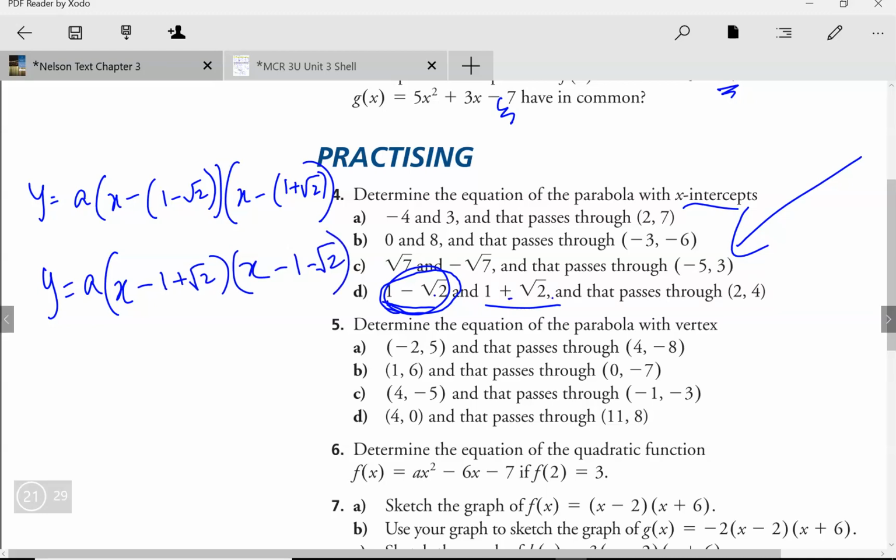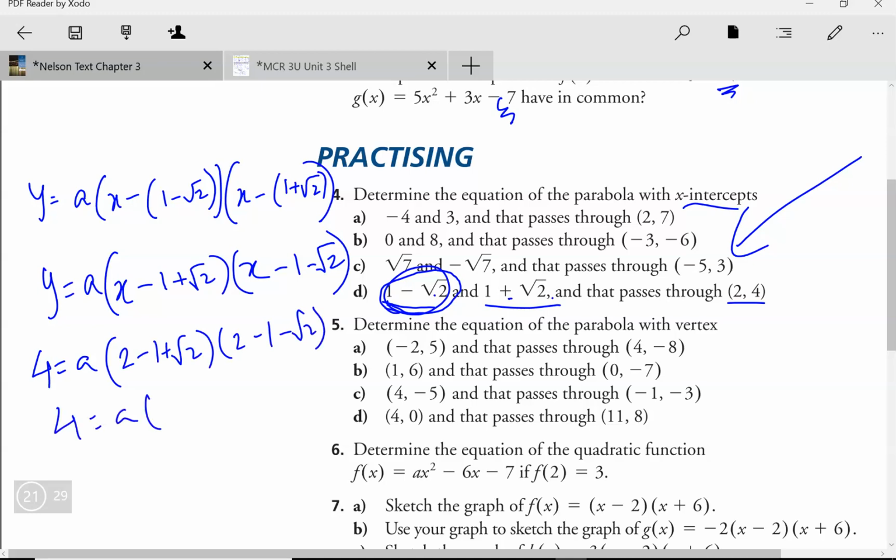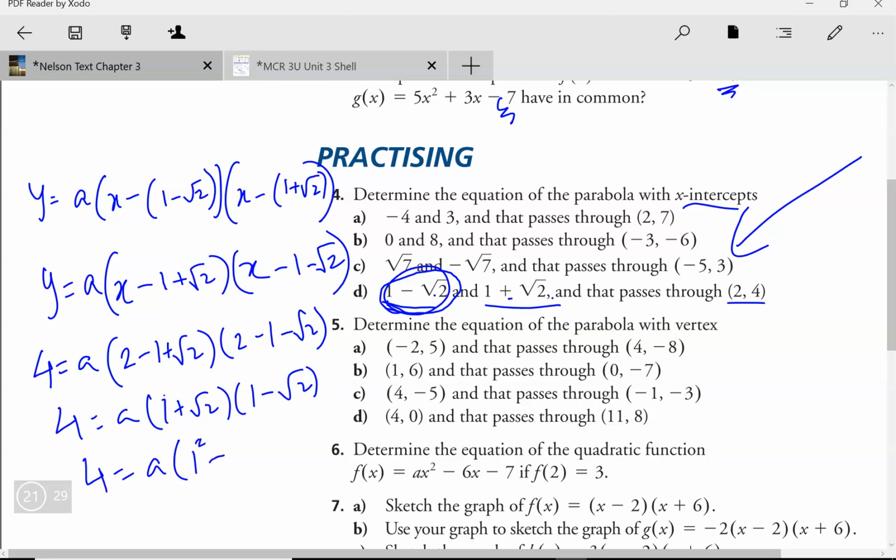And now, of course, I know that it passes through (2, 4), so I'm going to put in the value here. 4 equals a times (2 minus 1 plus root 2) times (2 minus 1 minus root 2). 4 equals a times (1 plus root 2)(1 minus root 2), which is nice because this is just (a plus b)(a minus b), which is a squared minus b squared, which is a times (1 minus 2), which is negative 1.